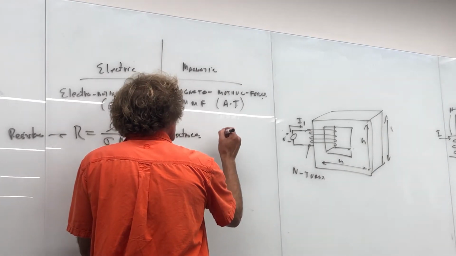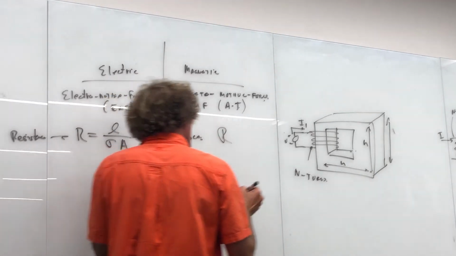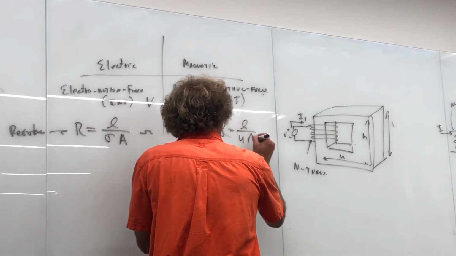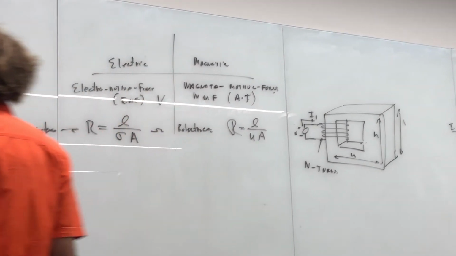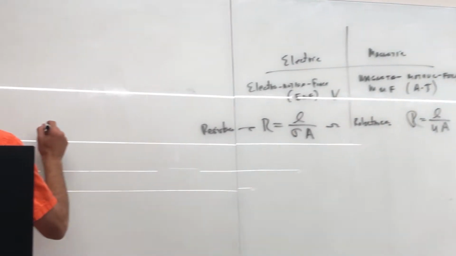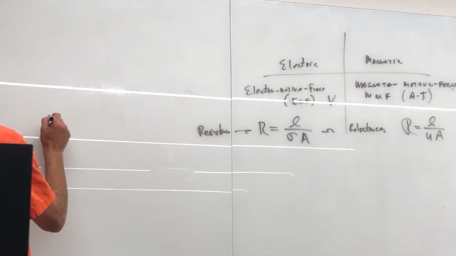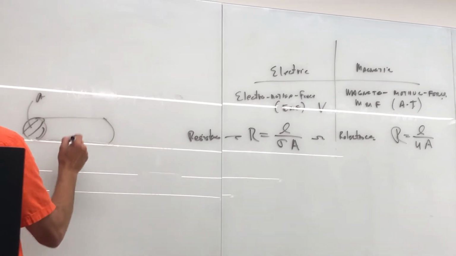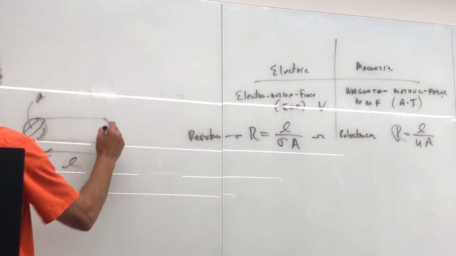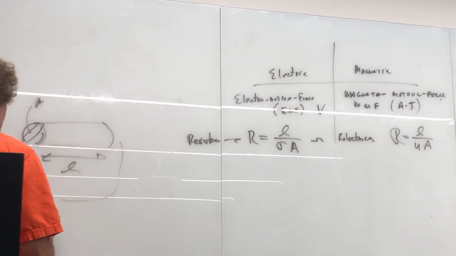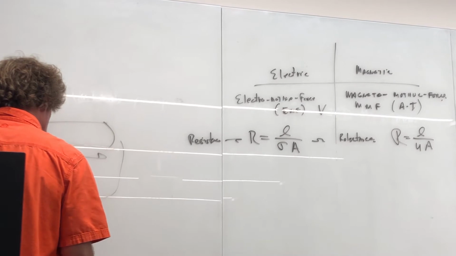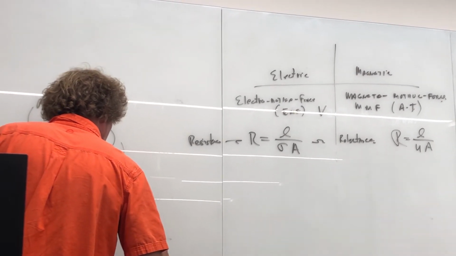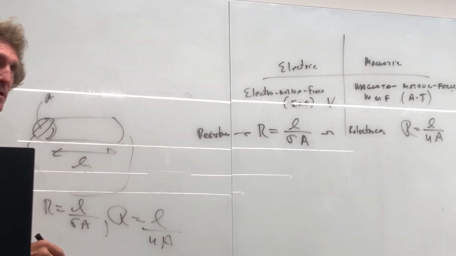And reluctance has the symbol script R. And reluctance is going to be L over mu A. So again, I'm talking about things with constant cross-section. If you have anything with a constant cross-section A and length L, then the resistance is equal to L over sigma A, or the reluctance would be equal to L over mu A. Either one. Got it, class?